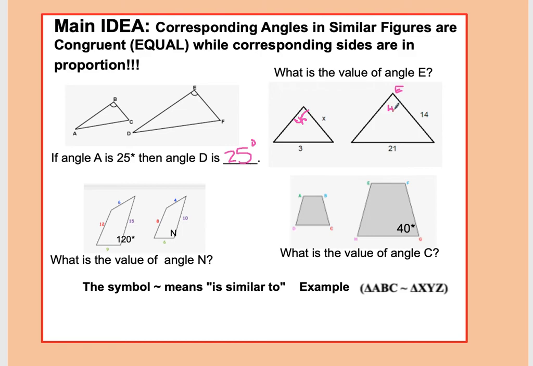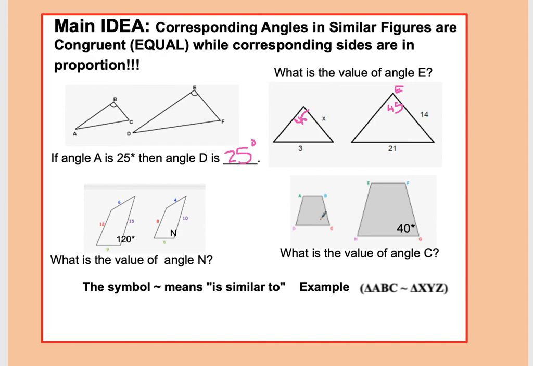Very good. And then here, what would the value of N be? 120, because the corresponding angle is 120. And then this one, what would be the value of C, looking at the similar figure? 40.